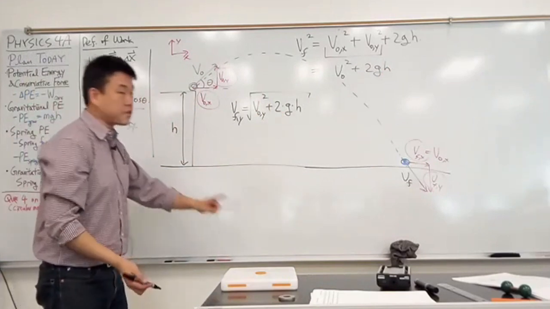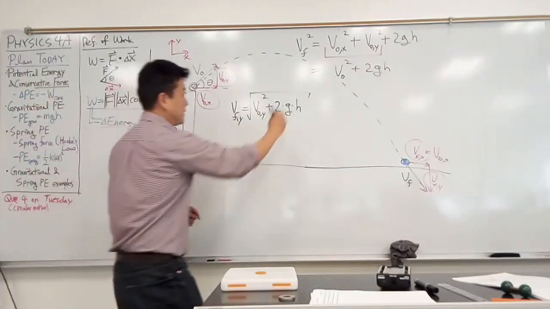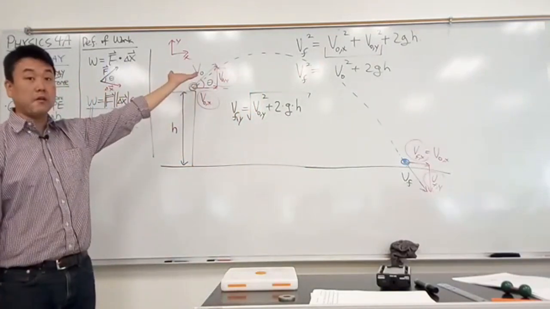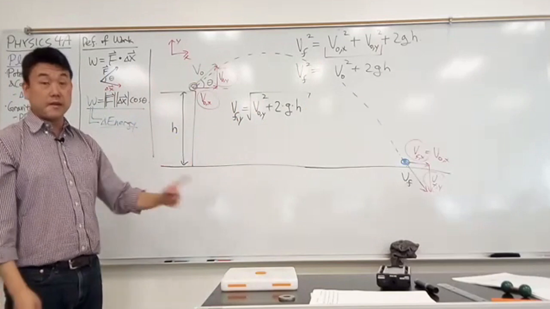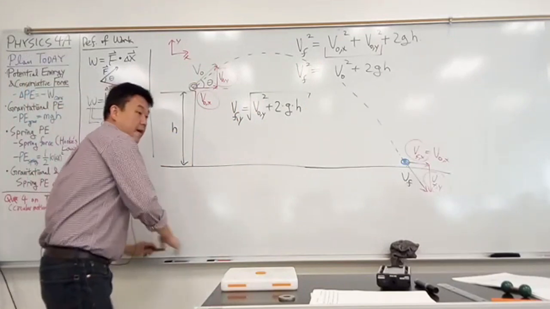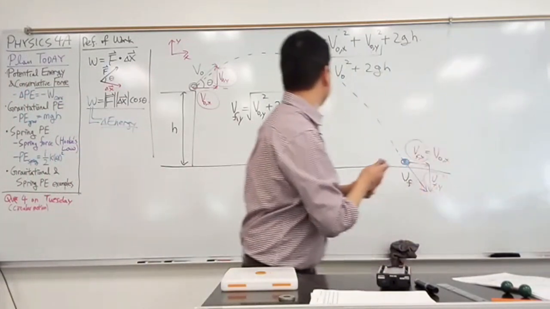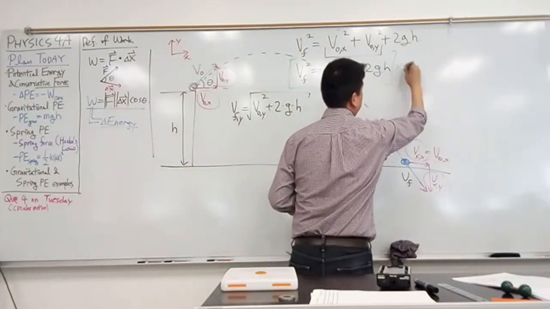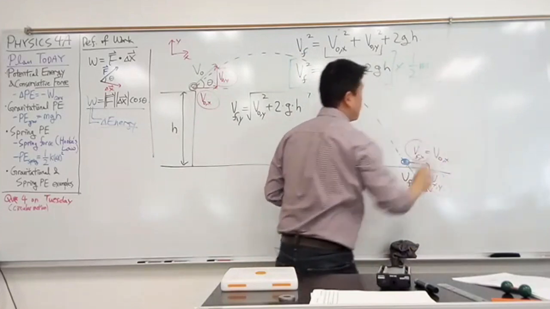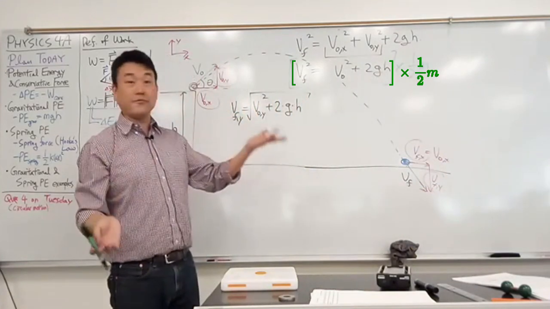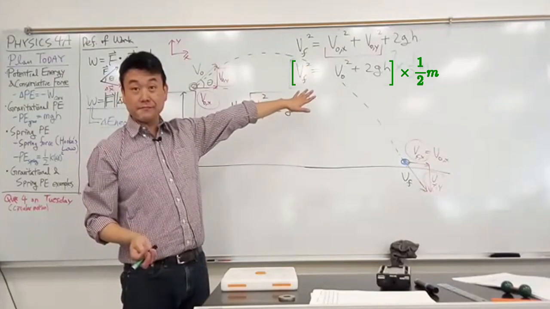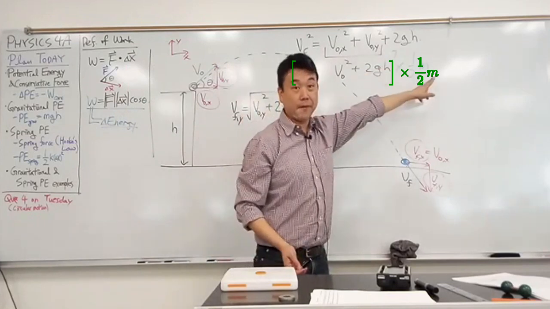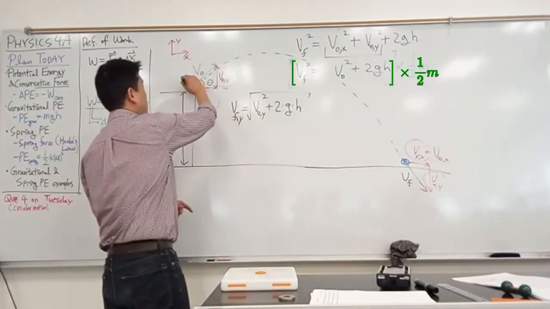Now, let me show you the connection to energy in this single last step. So, I wonder, can I have done this problem using conservation of energy? Yes, you could have. The way you would see it is you would take this entire expression and multiply by 1/2 m, which you might not be sure why I'm doing, but that's something I can do, right? Nothing stops me from multiplying the whole equation by 1/2 m, where m is the mass of the ball.